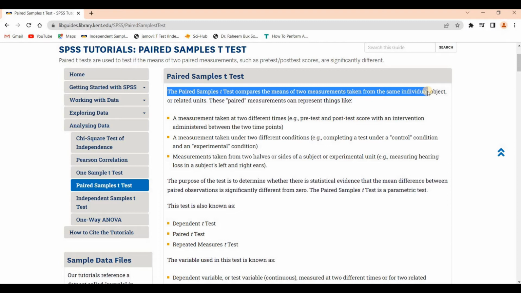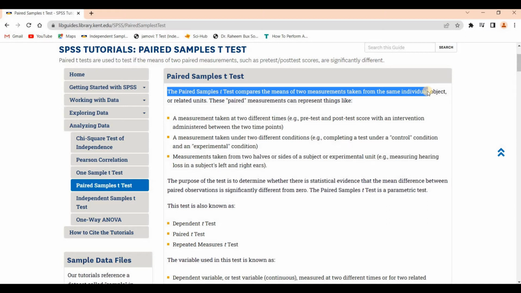In this case the respondents should be the same. Again you are computing the mean, and then you are comparing the before and after means with each other.